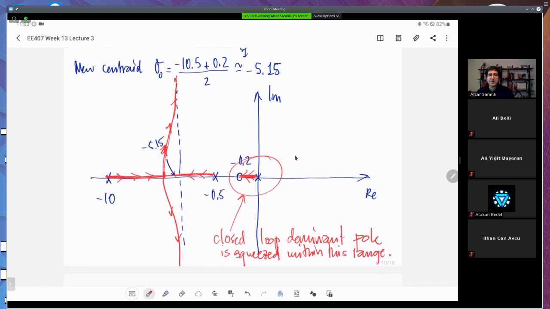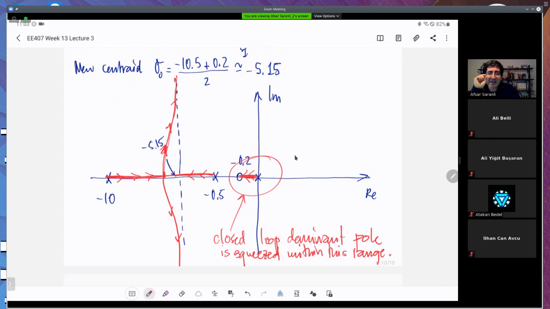Now, what's the implication of a closed loop dominant pole in this range? Two things. One is that it's very close to the j-omega axis. So if your plant model changes and the location of this closed loop pole changes, you may end up going to the other side, to the unstable side. That's the stability issue. But there is also the issue that the dominant pole is very close to the j-omega axis.